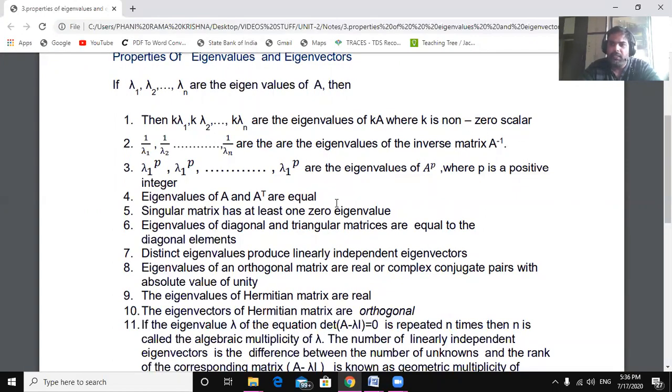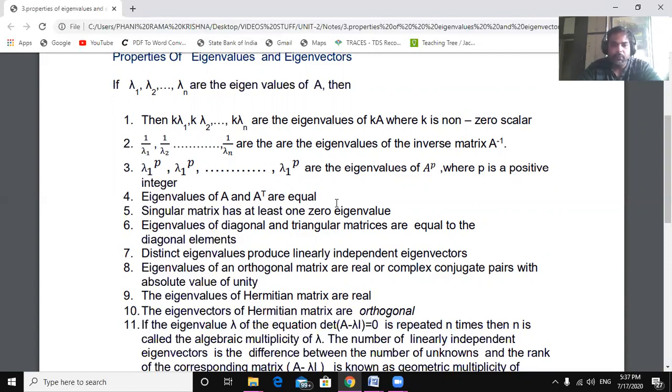If A is a singular matrix, that means det of A equal to 0, then at least one of the eigenvalues is 0. It may be 2 eigenvalues or more than 2, but at least one eigenvalue must be 0 whenever A is a singular matrix.